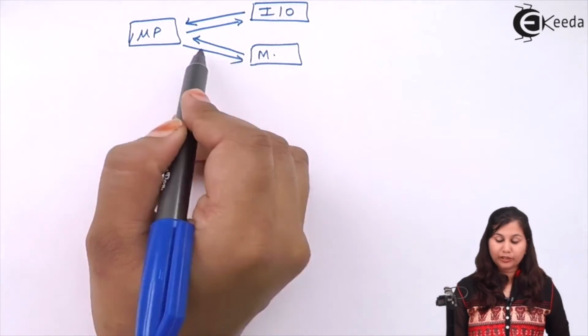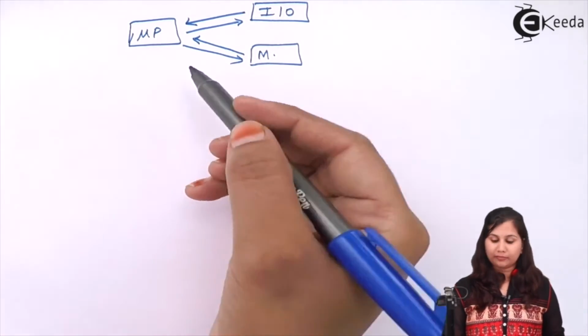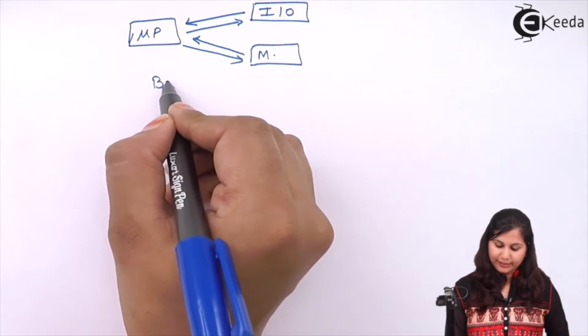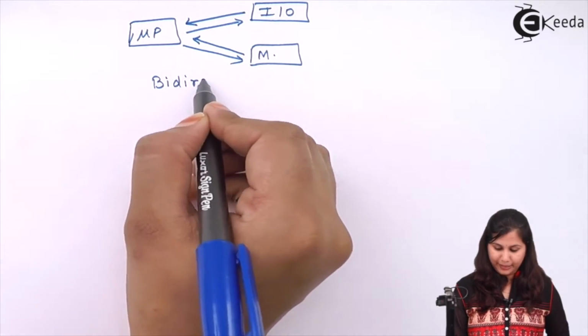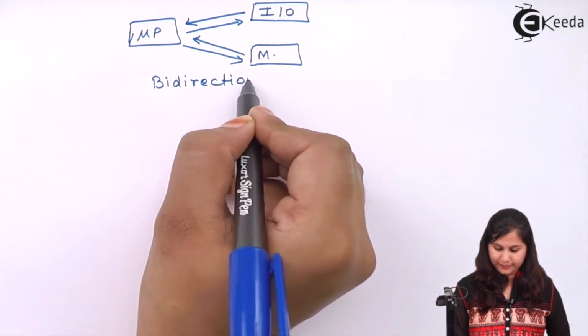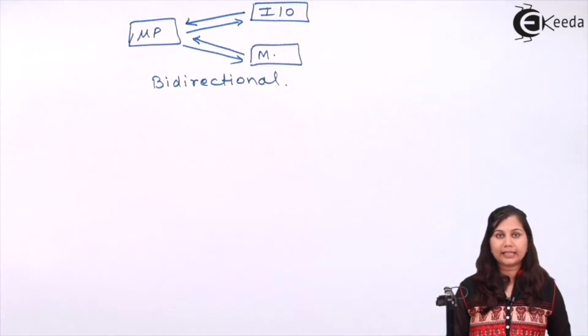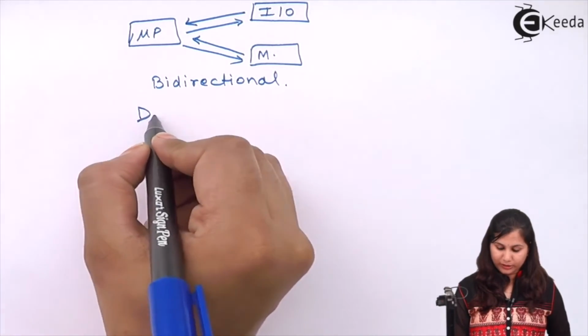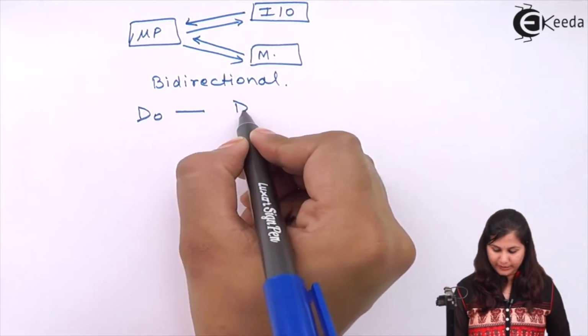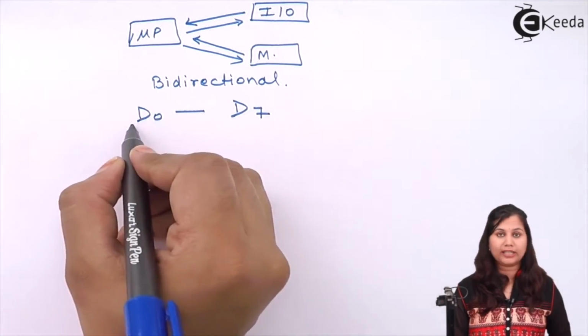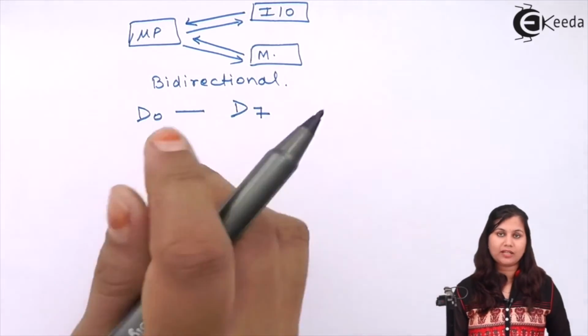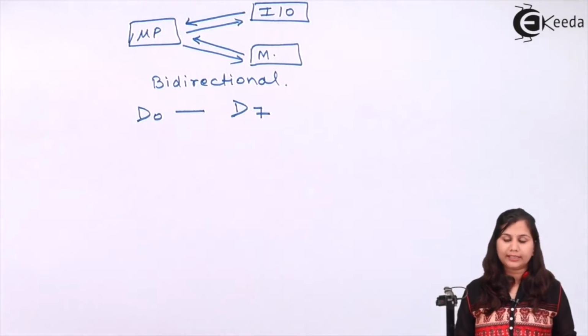So this dual flow of the data means the data bus is a bidirectional data bus, and it is an 8-bit data bus, so it is denoted like D0 to D7. D is for data and 0 to 7 are the 8 bits of the data lines.